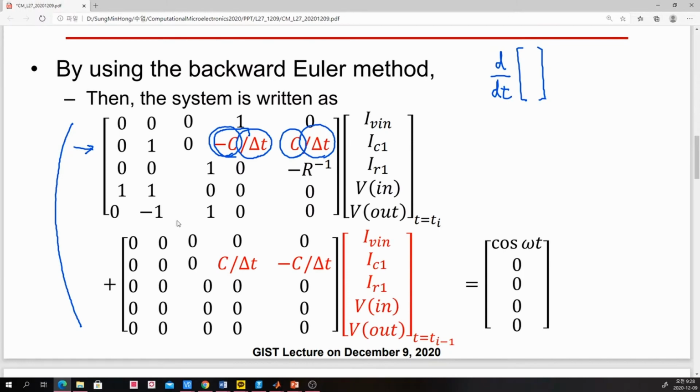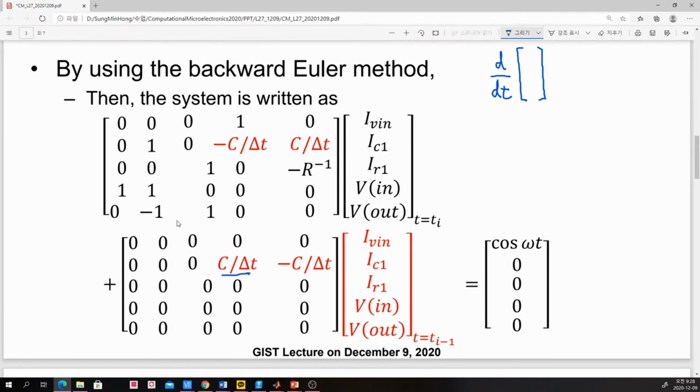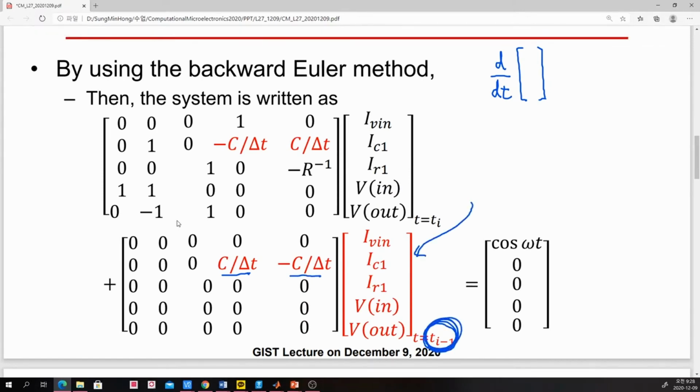Where has it gone? Now it is expressed in terms of our current values, the present values. And in addition, we have certain terms related with the variables at the past instance.